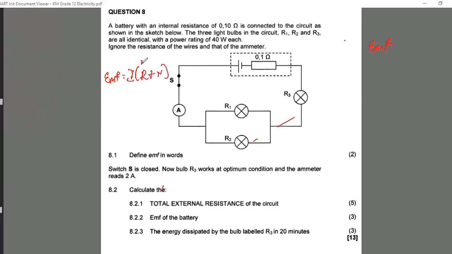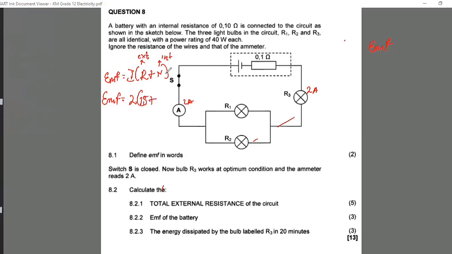The R here is for the external resistance and the small r here is for the internal resistance. The current here is the total current that flows through the circuit. So that's 2, because we deduced that if here it's 2 amperes, also here it's 2 amperes, which indicates the total current.